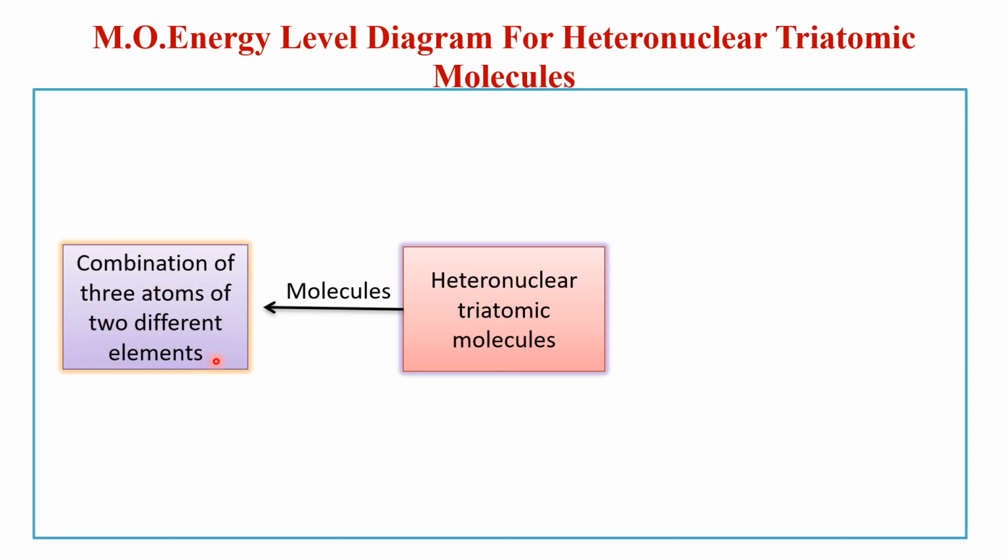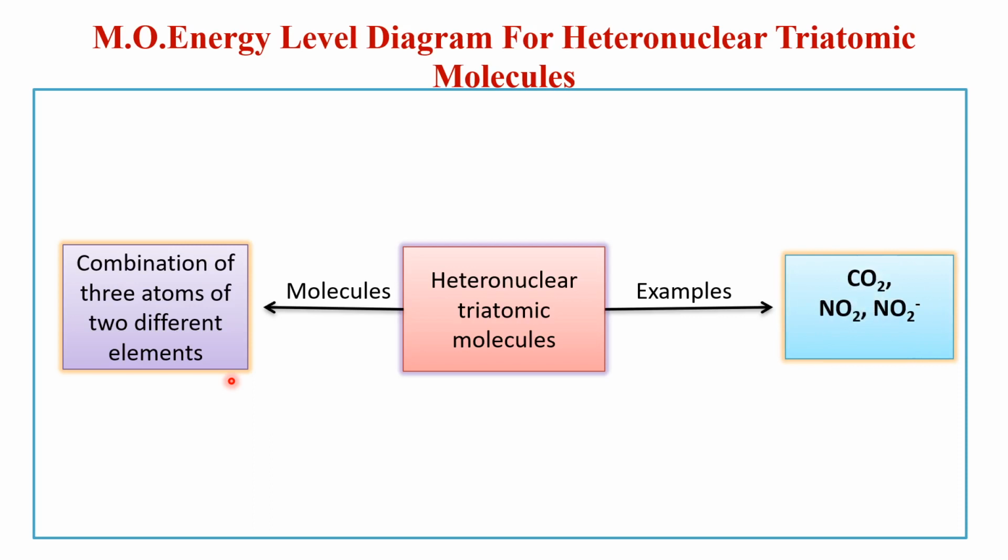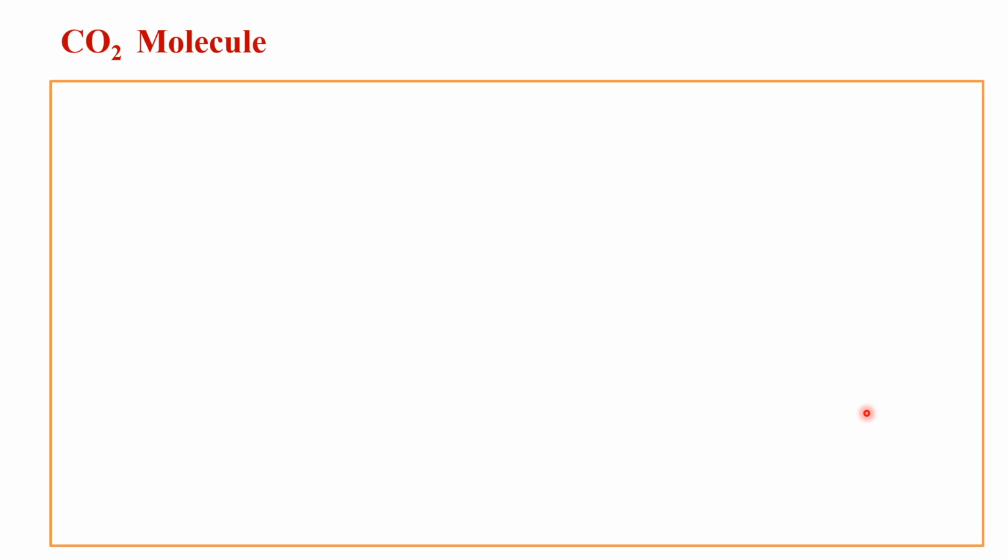So in these three atoms we are having only two different atoms, and the examples of heteronuclear triatomic molecules are CO2 molecule, NO2 molecule and the NO2 minus. Now out of these three examples, we are going to study only the first two, that is the CO2 and the NO2. So let's start with the first example of heteronuclear triatomic molecule, that is the CO2 molecule.